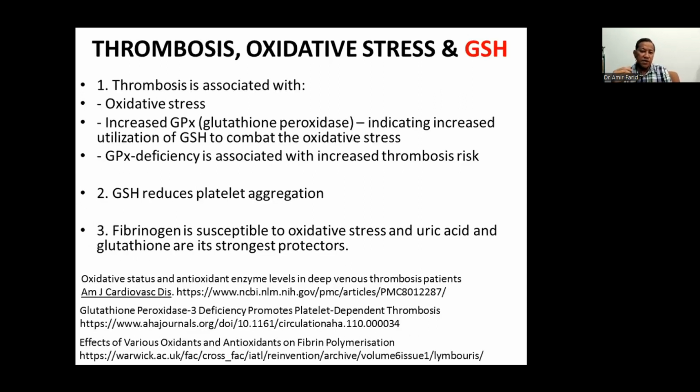Okay, now let's zoom into thrombosis, oxidative stress, and glutathione. Studies have shown that thrombosis is associated with oxidative stress. And studies show that there is increased glutathione peroxidase, the antioxidant enzyme, in those with thrombosis, which indicates there is increased utilization of glutathione to combat the oxidative stress.